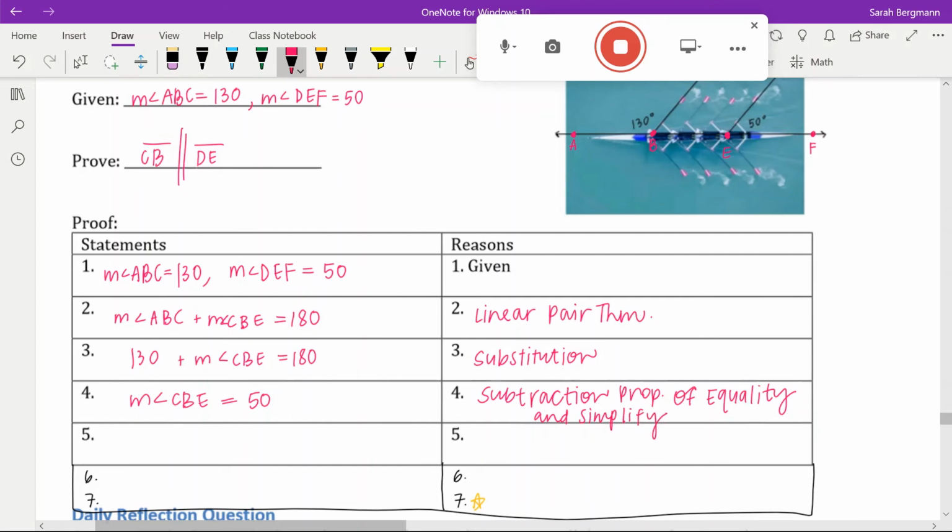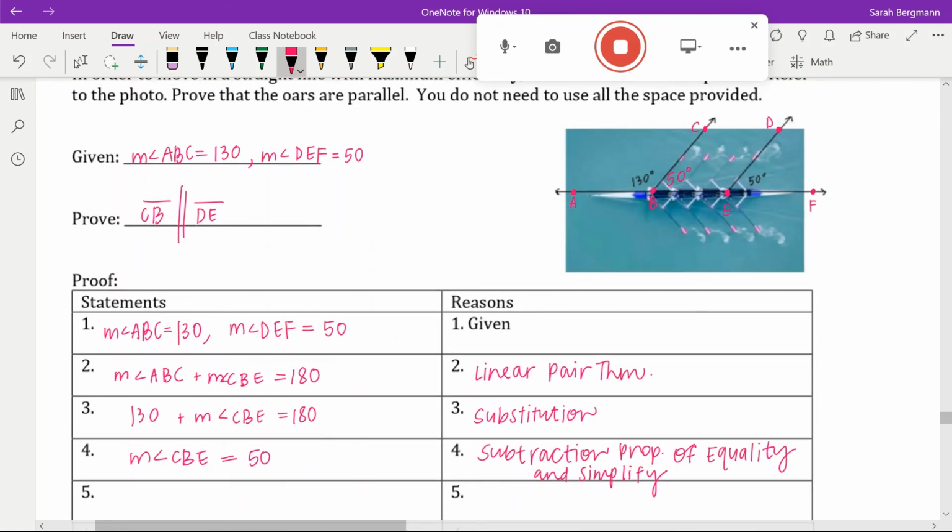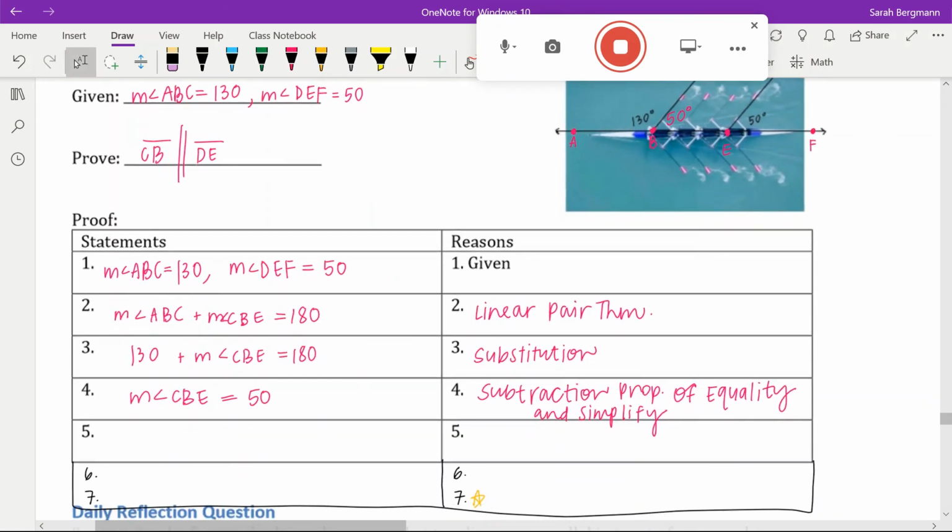Okay, now that I know the measure of angle CBE is 50, let's label it in the picture. I know that angles CBE and DEF have the same measure. I can get that by knowing that DEF is equal to 50, so I could plug in DEF for 50.